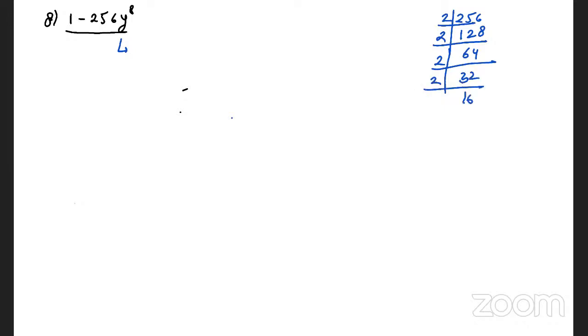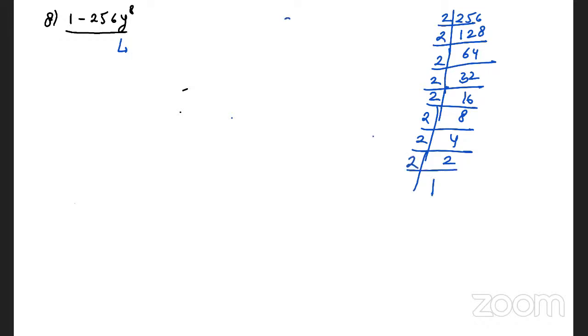So this is the question: 1 minus 256 y to the power of 8. How to solve this question? First of all, we have to do the prime factorization of 256, which is 2 times 128, 2 times 64, 2 times 32, 2 times 16, 2 times 8, 2 times 4, 2 times 2.